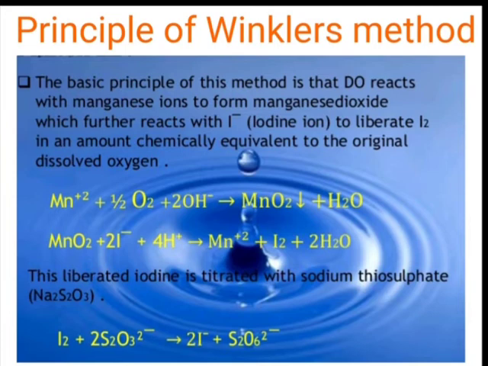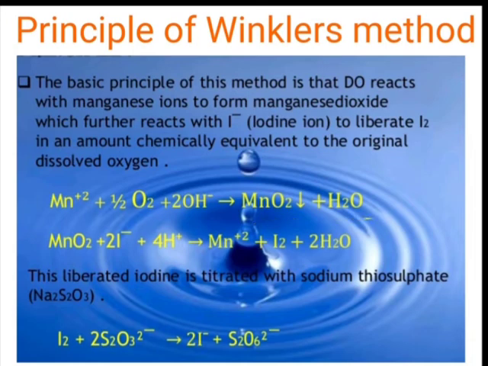In this reaction, the principle is noted simply. The manganese ion, that is Mn2+, reacts with half O2 plus 2 OH minus, and it gives manganese dioxide, which is a precipitate of MnO2, and water.